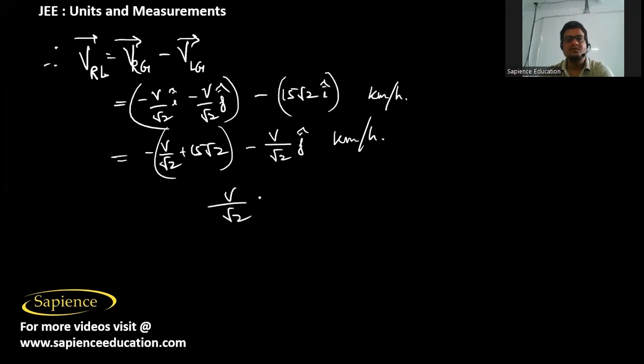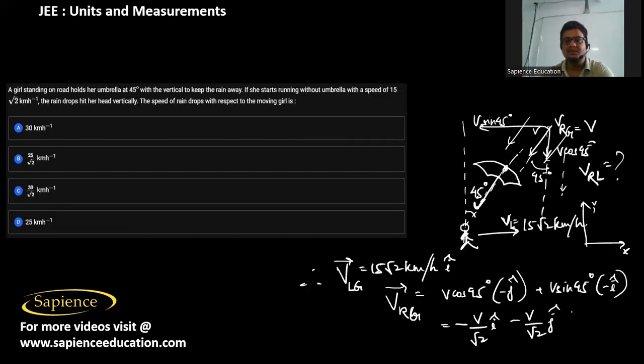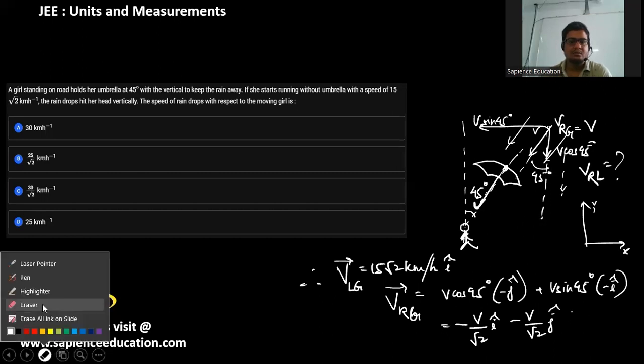So it means V by root 2 should be equal to 15 root 2, since the raindrop is falling exactly vertically with respect to the girl. Actually, it means that she has to run in the opposite direction.